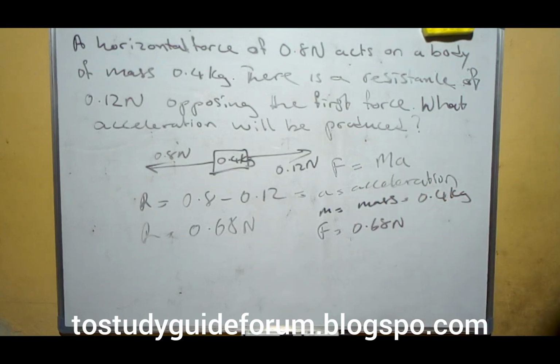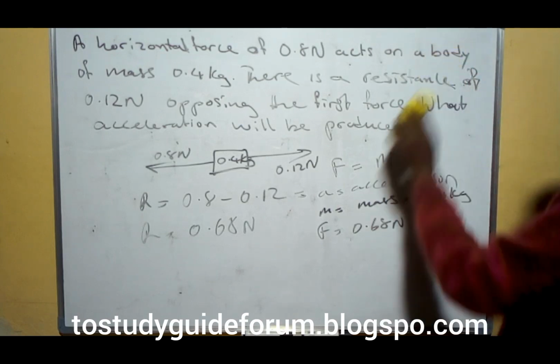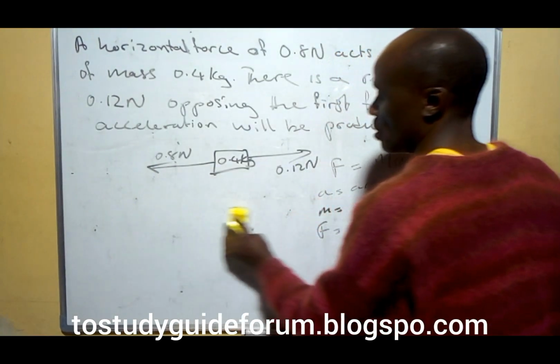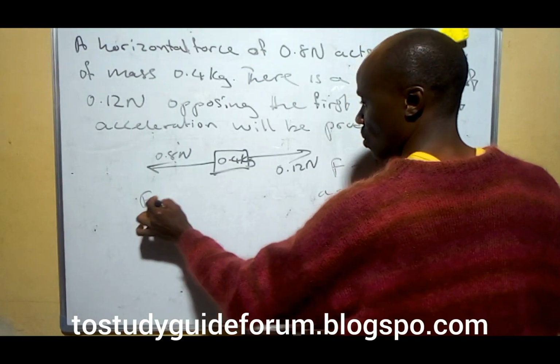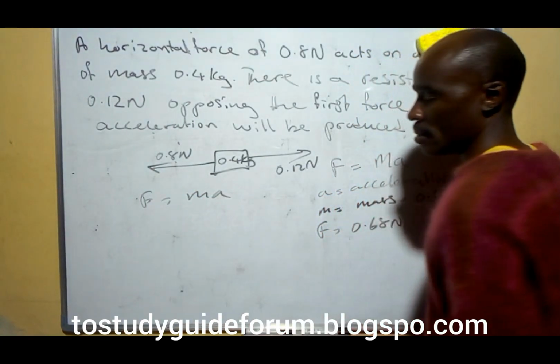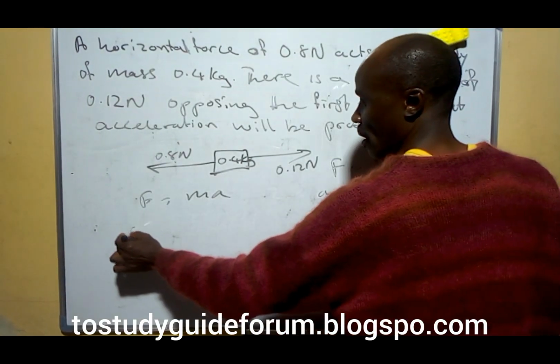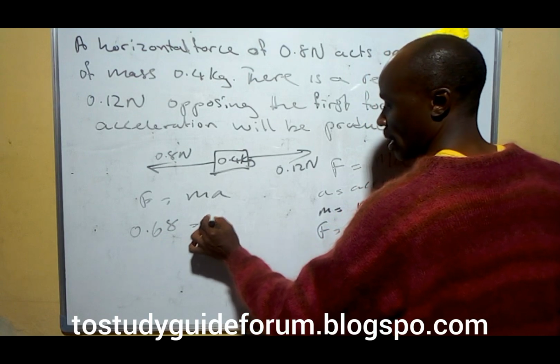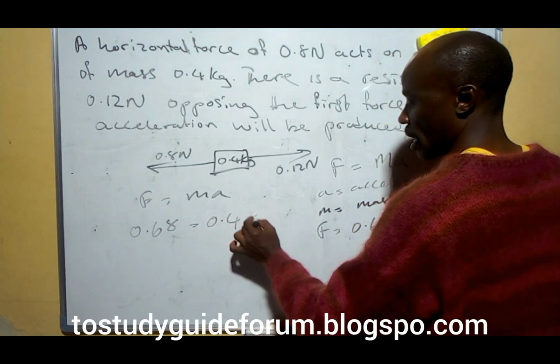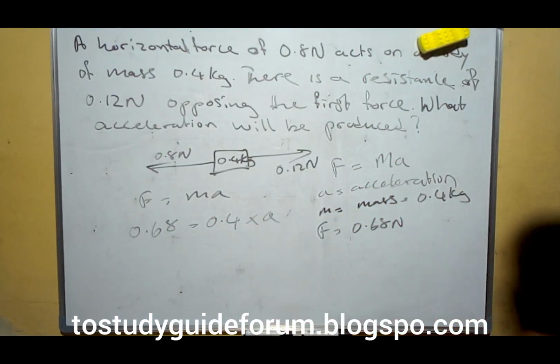To find this acceleration, we can say our force is equal to mass times A. Then we have 0.68 equal to mass times A, the one we are looking for.